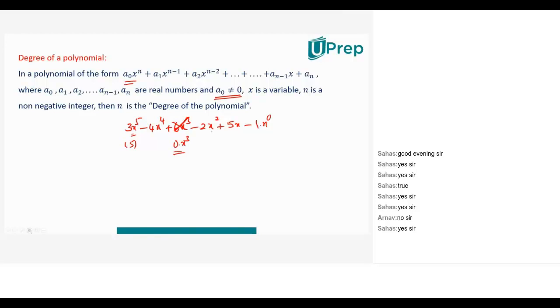Now, if I write it as 0 into x cube, then why don't I write it as 0 into x to the power of 6, 0 into x to the power of 7, then also the polynomial remains the same thing only. Now which is the highest degree?